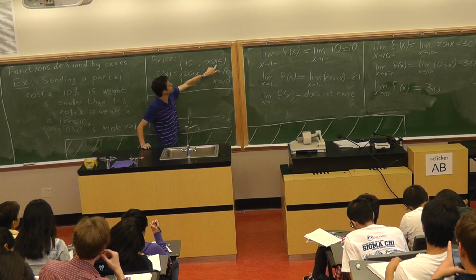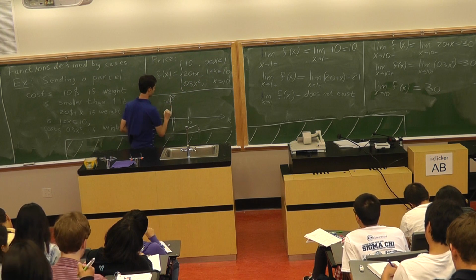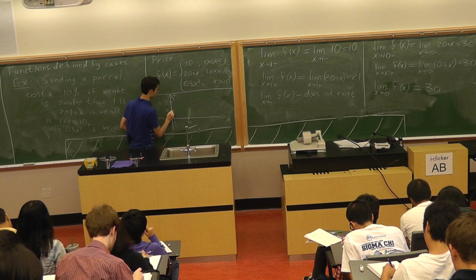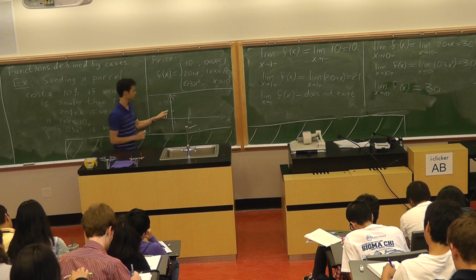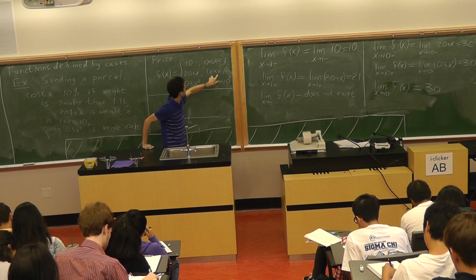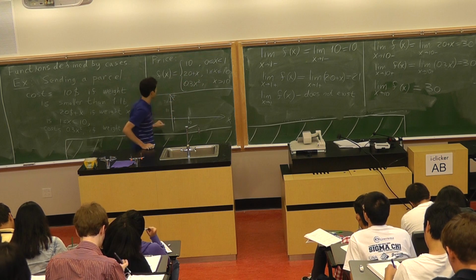When x is between 0 and 1, my function is defined to be 10. So here I have such a horizontal line. When x is between 1 and 10, my function is defined to be 20 plus x.